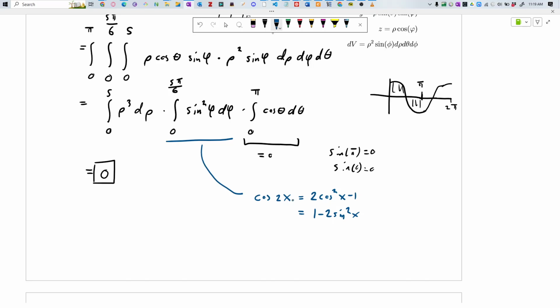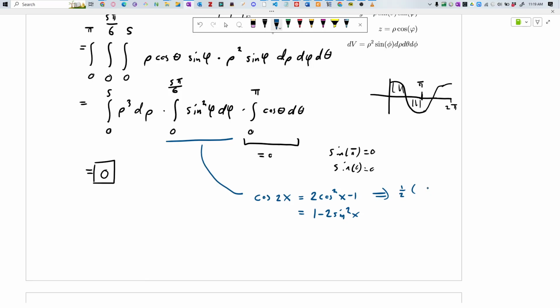Now, what you can do with this is by rearranging, solving for the cosine squared or the sine squared, you're able to reduce the power down into just having a 2 in front of the variable, and that's useful because you'll be able to integrate the result. So notice that by rearranging this, and this is how I remember these formulas, because otherwise I wouldn't be able to remember them, we would get a 1/2 on the outside.